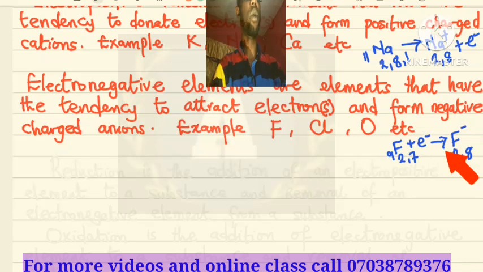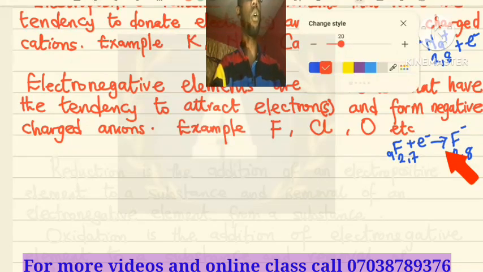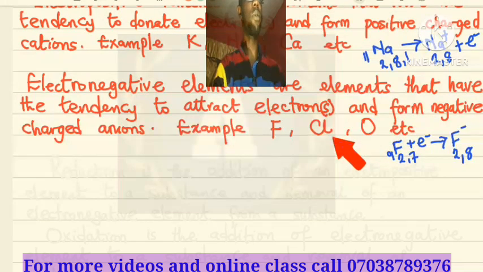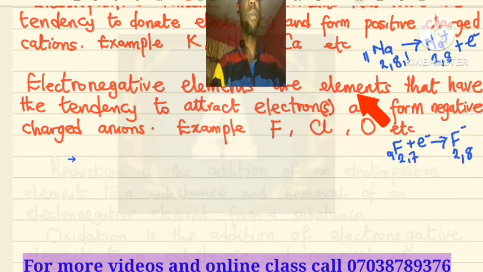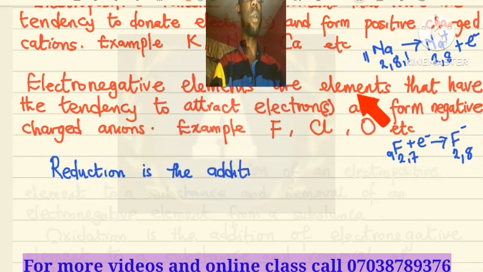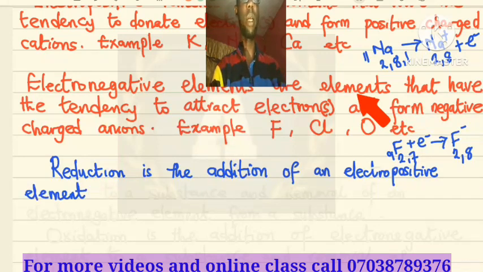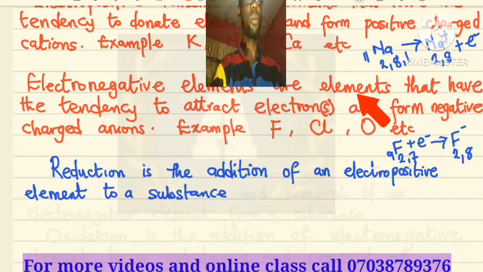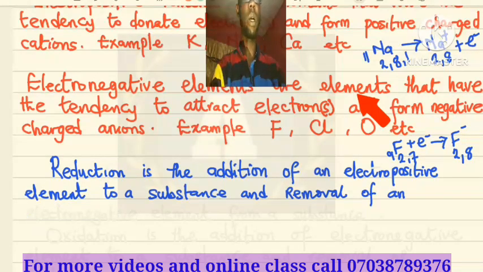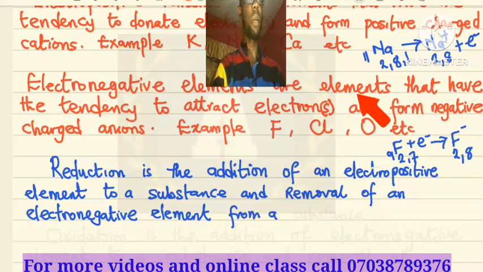So now, we give the definition of reduction in terms of electropositive and electronegative elements. Reduction is the addition of an electropositive element to a substance and removal of an electronegative element from a substance.